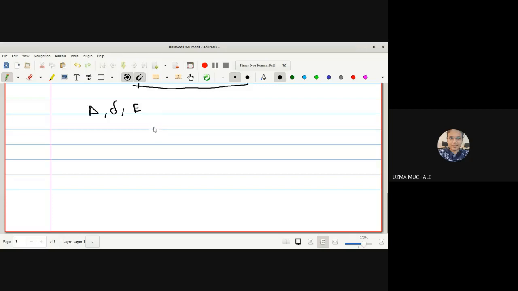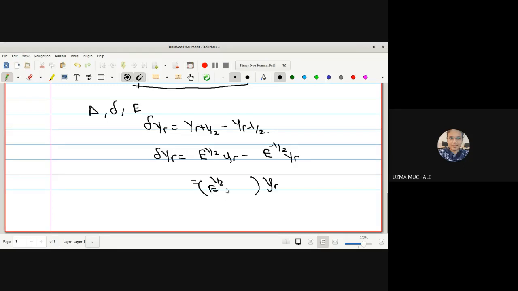Let us write down first what is delta y_r. The central difference operator is written as y_{r+1/2} minus y_{r-1/2}. So delta y_r is equal to E raised to half y_r minus E raised to minus half y_r, and if I take y_r common, it will be E raised to half minus E raised to minus half.